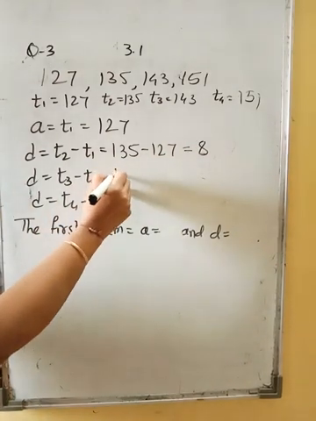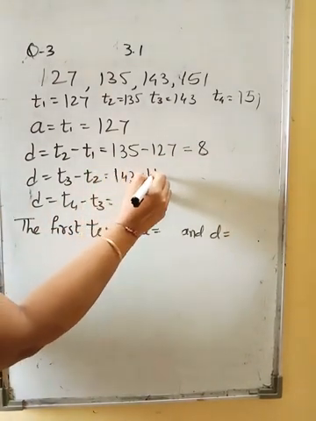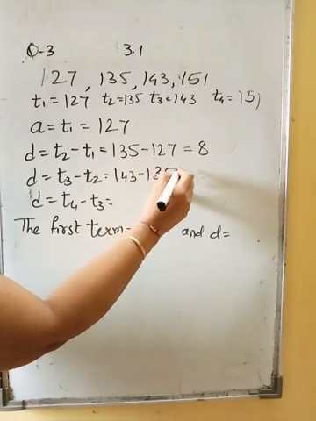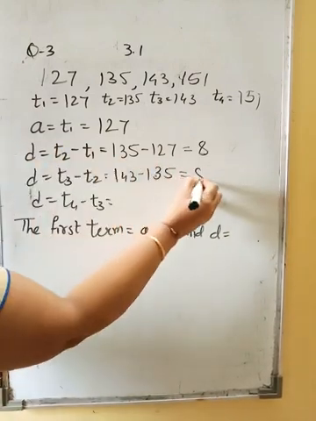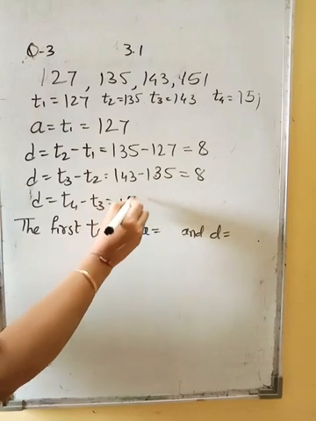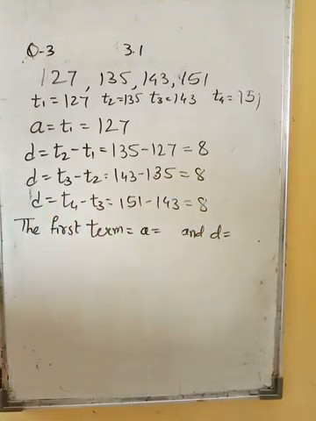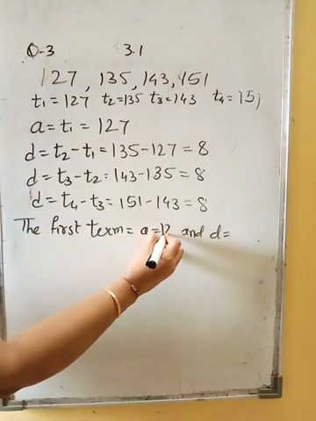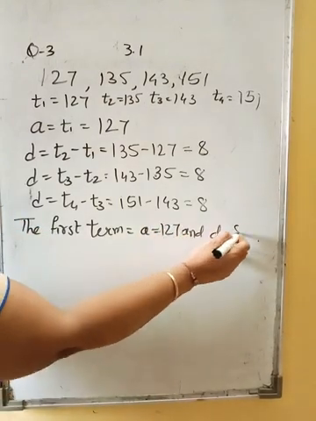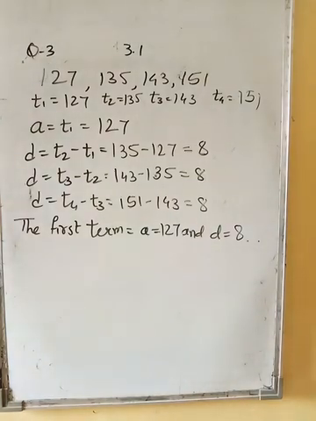And here 143 minus 135, which comes out to be again 8. And 151 minus 143, again it is coming out to be 8. So your first term is 127 and your common difference is 8. Right?